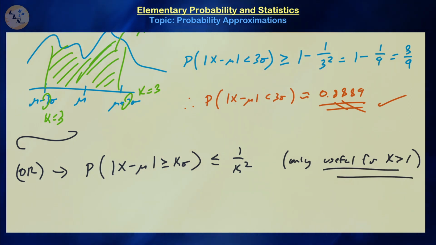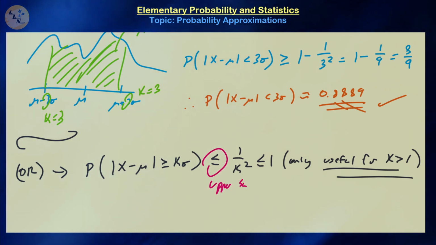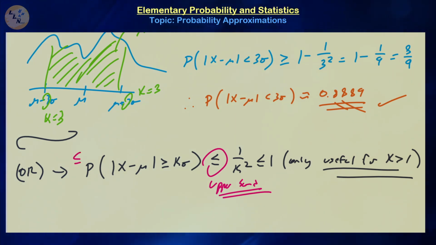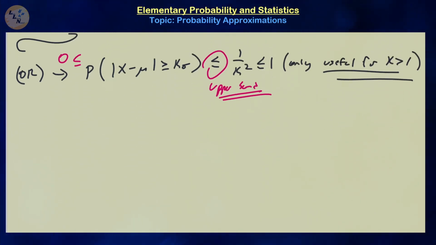Same exact assumption, because if k is equal to 1, we know that that's going to be equal to 1. So that means this is going to give us an upper bound for the probability, right? So the probability that you're more than 5 standard deviations of the mean is going to be at most something, right? And we always have a lower bound for that because we're always greater than or equal to 0, right?